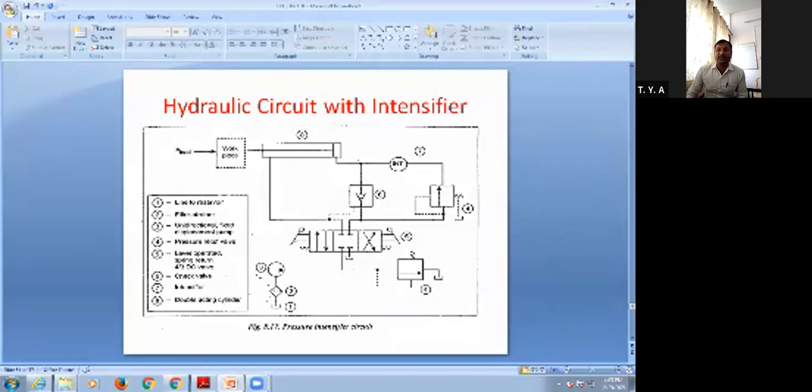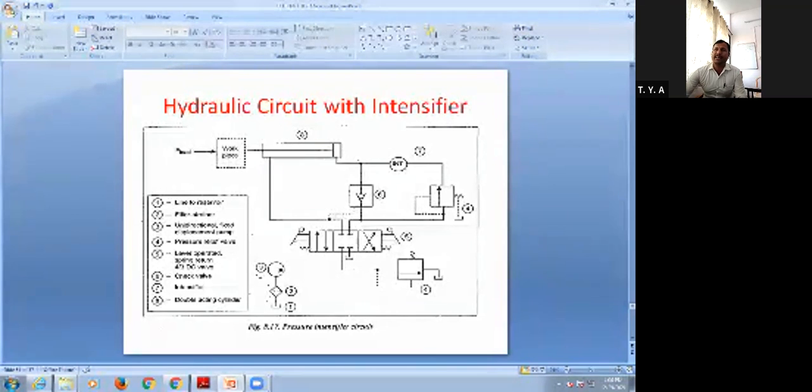Now I will show another hydraulic circuit with the intensifier, or you can call it a pressure intensifier circuit. Same way, here we have the workpiece. For example, in this diagram, it is required to push this workpiece, so for that purpose this cylinder is there.